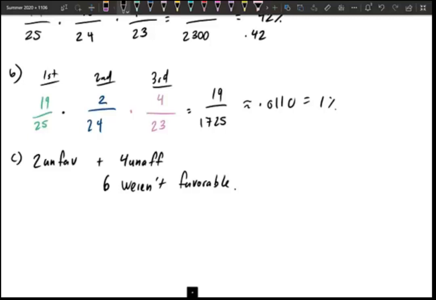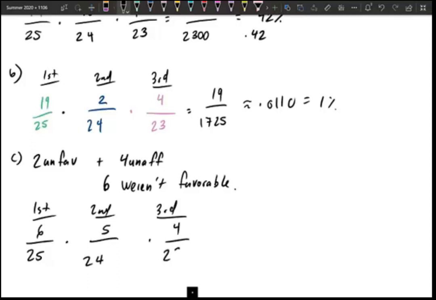So we're still picking 3 people. So at first we have 6 out of 25 people. Then we have 5 out of 24 people. Then we have 4 out of 23 people. And when you multiply that together, we do 30 times 4, which is 120.